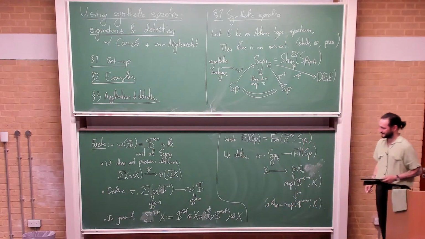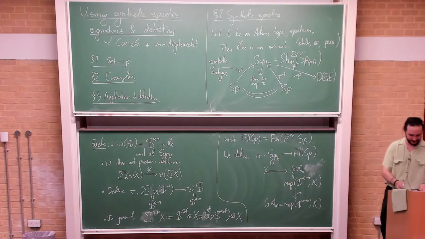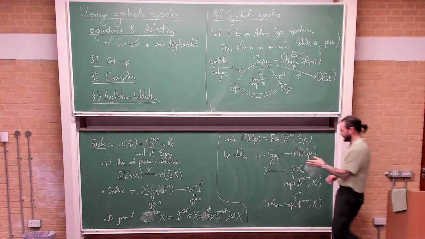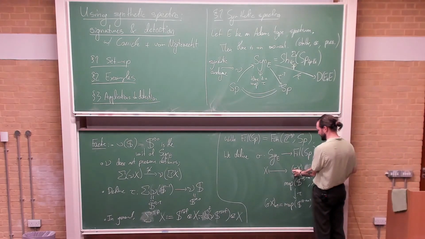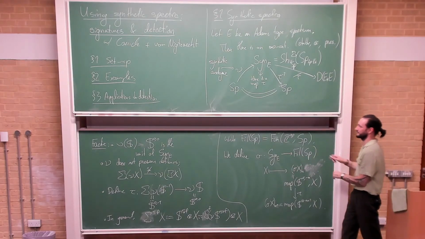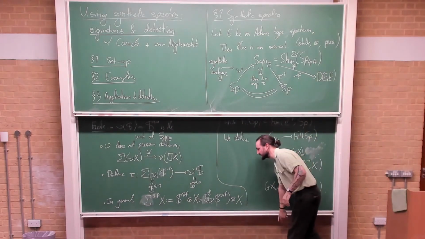Okay, so this is how I define my functor from synthetic spectra to filtered spectra. In other words, I'm going to call sigma X the signature of a synthetic spectrum. Make that a definition.